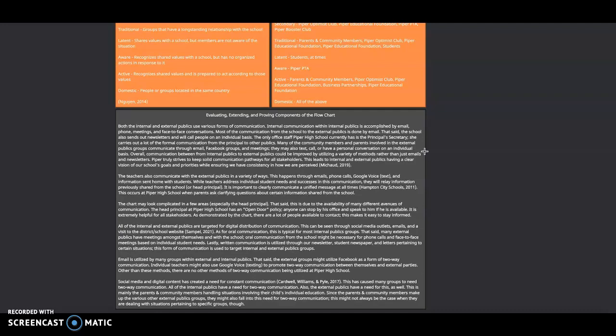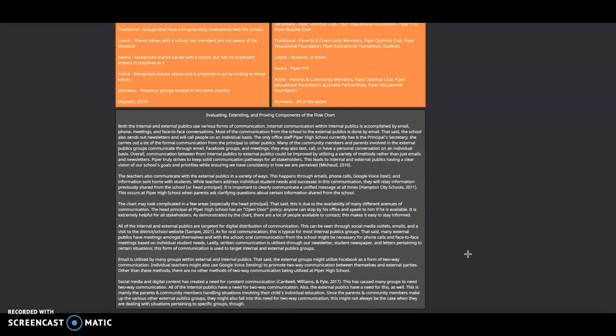And also many of the community members and parents, they communicate through email, Facebook groups, and meetings as well if they're involved in those clubs. And they might also text, call, or have a personal conversation on an individual basis.